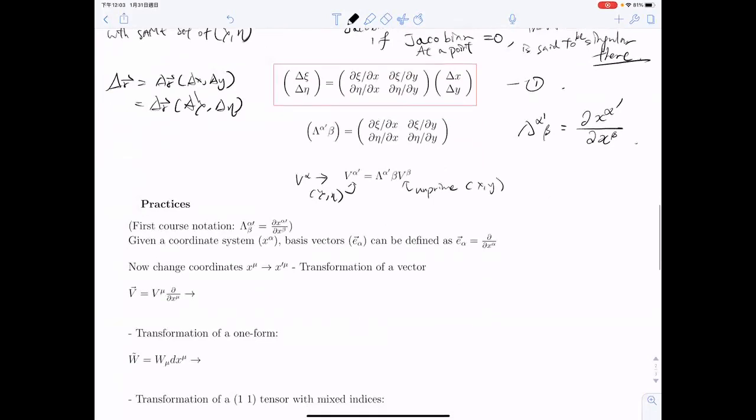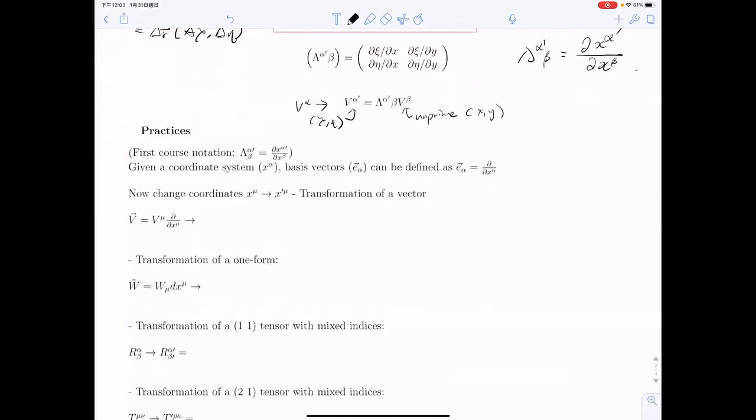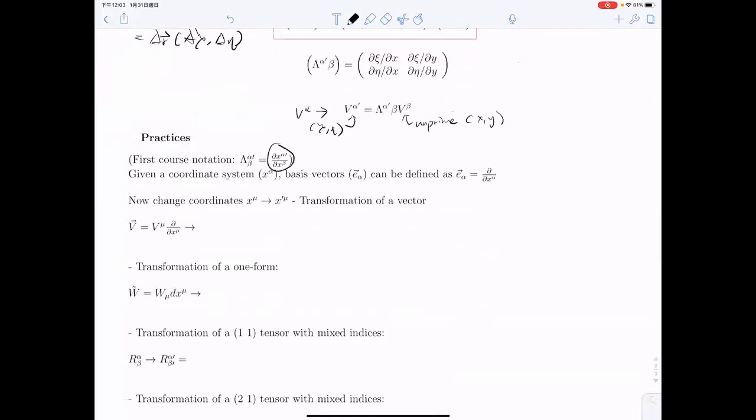So let's do some practice. In some textbooks, the coordinate transformation matrix would be written in this form.